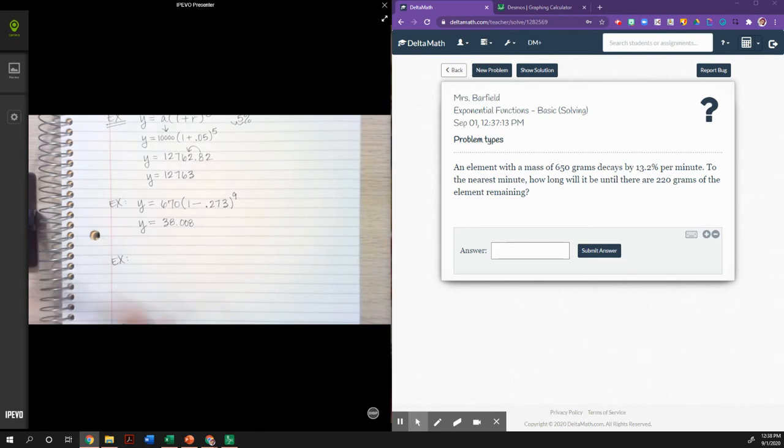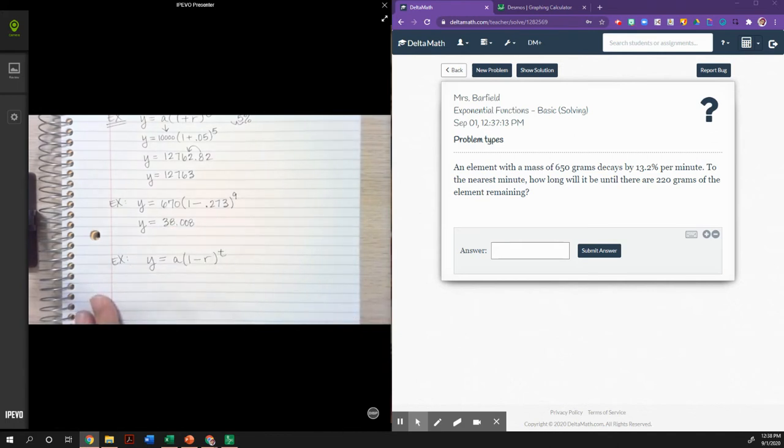All right. So it says an element with a mass of 650 grams decays by 13.2% per minute. To the nearest minute, how long will it be until there are 220 grams of the element remaining? Okay, so y equals a times 1 minus, because it's decay, r to the t.